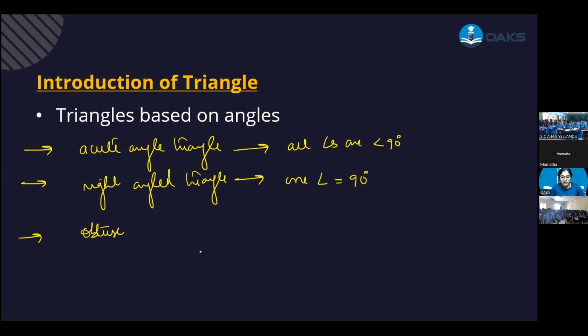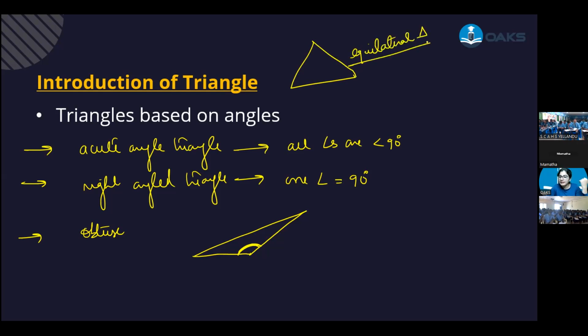It will look like this, where one angle is more than 90 degrees, right? Now the equilateral triangle can also lie in this classification, where all the angles are equal and each is equal to 60 degrees. Everybody knows this? In an equilateral triangle, what is the measure of each angle? It is 60 degrees, right?